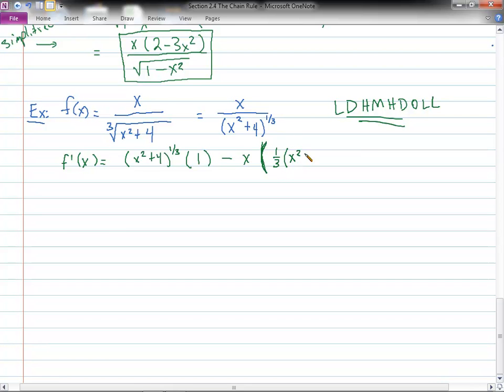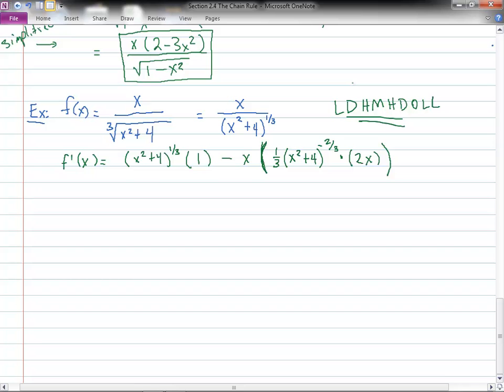So we'll do the derivative of the outside, 1/3, times x squared plus 4, leave the inside alone, and then drop the exponent by 1. So 1/3 minus 1 is negative 2/3, times the derivative of what is inside. The derivative of x squared plus 4 is 2x.